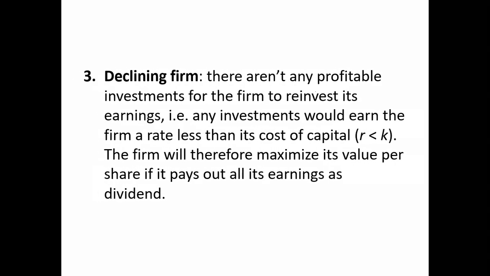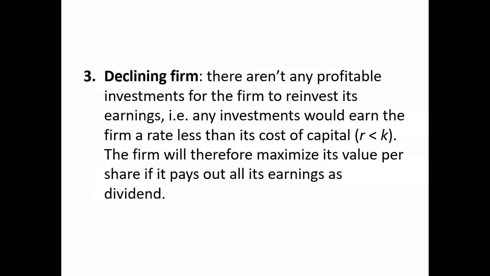Whereas a declining firm means the rate of return is less than the cost of capital. Declining firms always have an internal rate of return less than the cost of capital, which means they make returns that are less than what shareholders can make on their own investments if the firm distributes dividends to the shareholders.